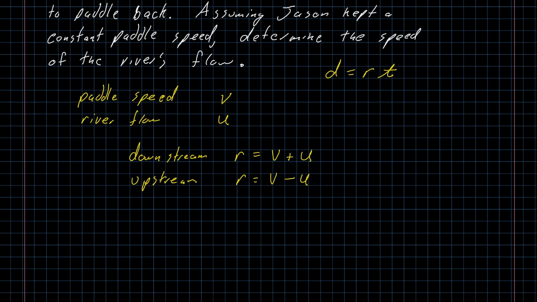In both cases, the distance is the same, 24. Going downstream, that's going to be v plus u times the time it takes to go downstream, which was 3.0. Going upstream, the rate was v minus u, and the time it took was 4.0 hours.